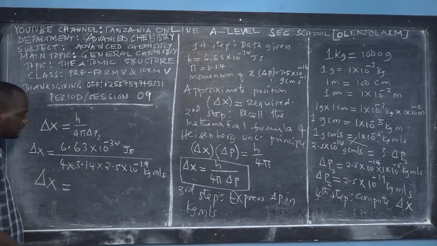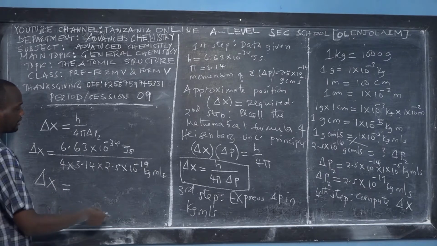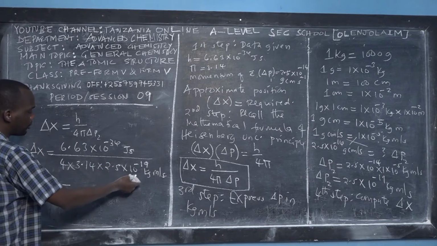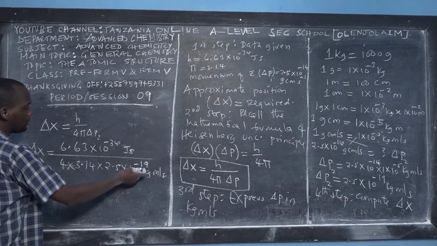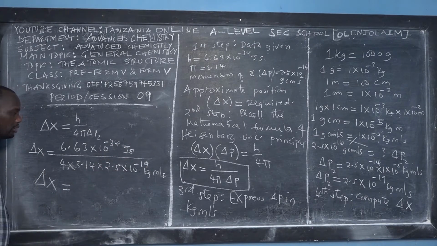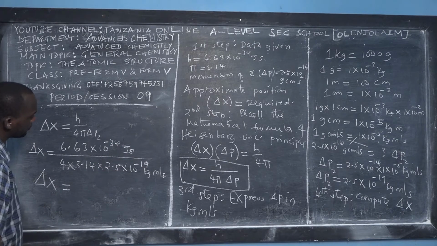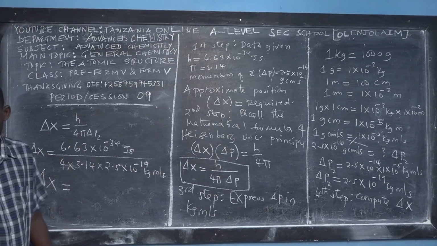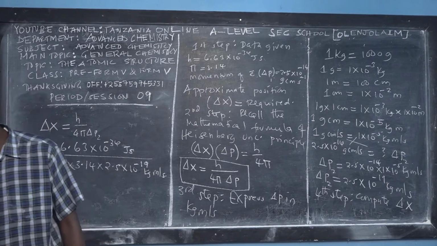So you have to use the scientific calculator in this simple division. However, you can just simplify some of the items there: this is exponent negative 34. If this will become the numerator, you add with 19, it remains with negative 15, if I'm not mistaken. Yeah, negative 15. So then you divide, you multiply, you use your scientific calculator effectively.